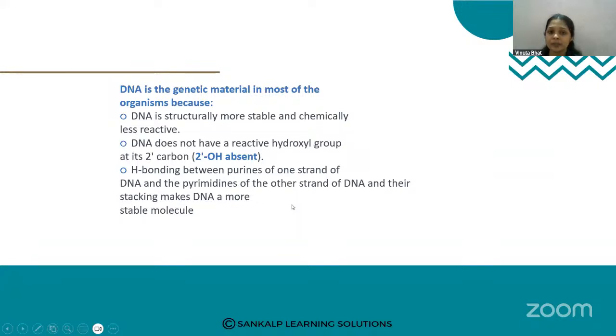DNA is the genetic material in most organisms. Why? Because DNA is structurally more stable and chemically less reactive, and DNA does not have the reactive hydroxyl group at the second carbon.